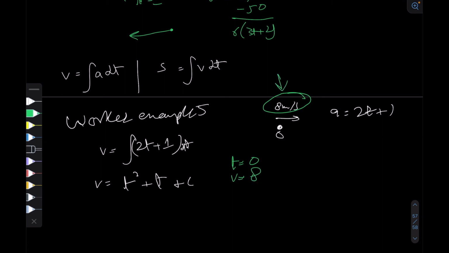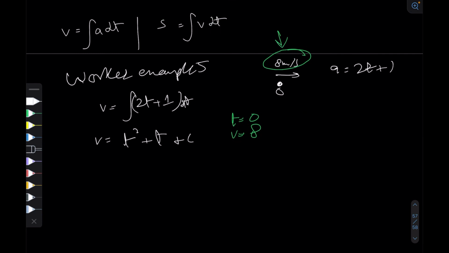This is the reason why they gave us this particular value. So we just need to plug in 0. t equals 0, so this is 0 plus 0 plus c, and we know that when t is 0, this should be 8. In other words, c is 8. Right, so it's basically telling you that you start off with the velocity of plus 8.